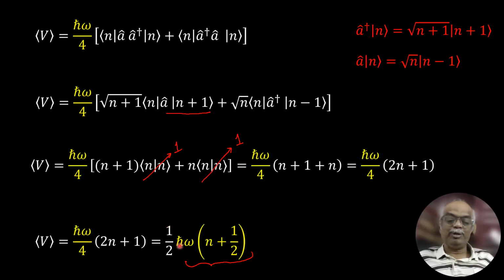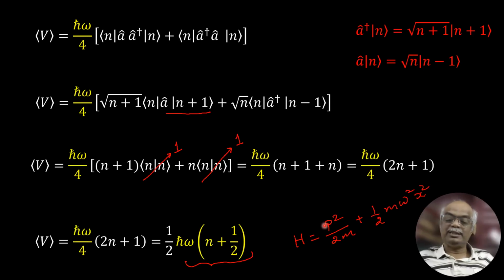Here you have one multiplicative factor of half. So the potential energy is intrinsically half of the total energy of the harmonic oscillator. Another half is due to kinetic energy. You can see the importance of the harmonic oscillator: the harmonic oscillator Hamiltonian is equal to p squared over 2m plus half m omega squared x squared.